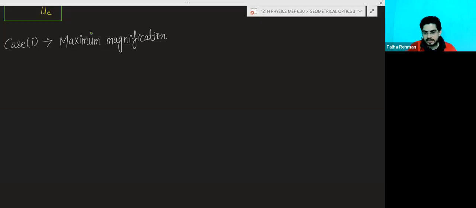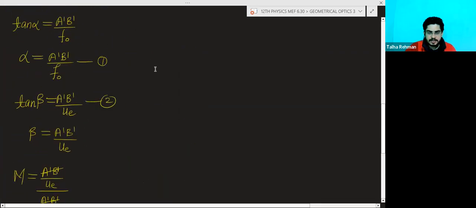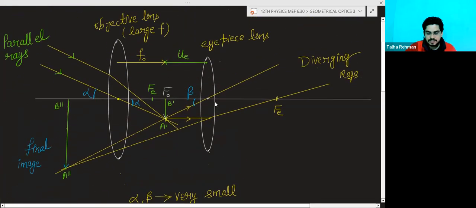In the last classes, I told you what D is. So the final image by the eyepiece, because you can see here the final image is forming by the eyepiece lens.